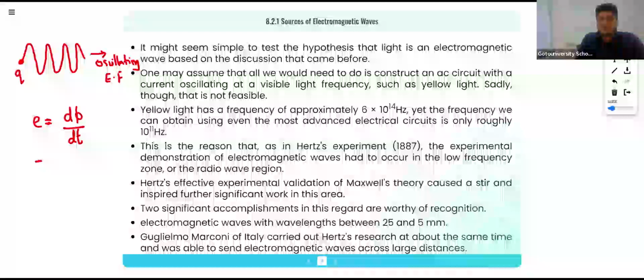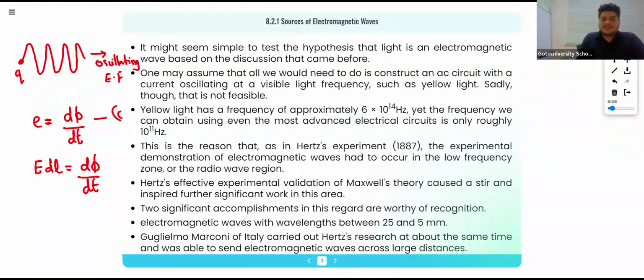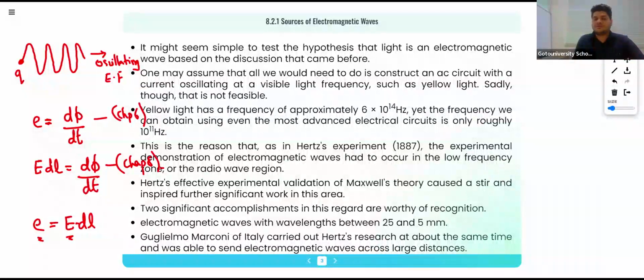We also know one more thing, that the closed integral of E·dl will be equal to dφ/dt. This was from chapter 6, and this we studied in chapter 8. That means EMF is the integral of E·dl. If there is an electric field, there will be an electromotive force.